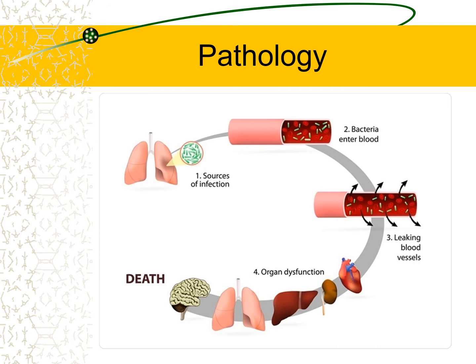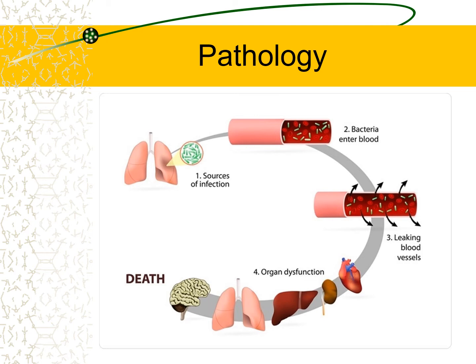Here is a diagram of the pathology of sepsis and septic shock. Okay, you'll see that it begins with a source of infection anywhere in the body. Any tissue can be involved. And then this bacteria, we're going to say bacteria, invades the bloodstream. Then we have the leaky endothelium as fluid leaks out of the capillaries, out of the blood vessels into the tissues.